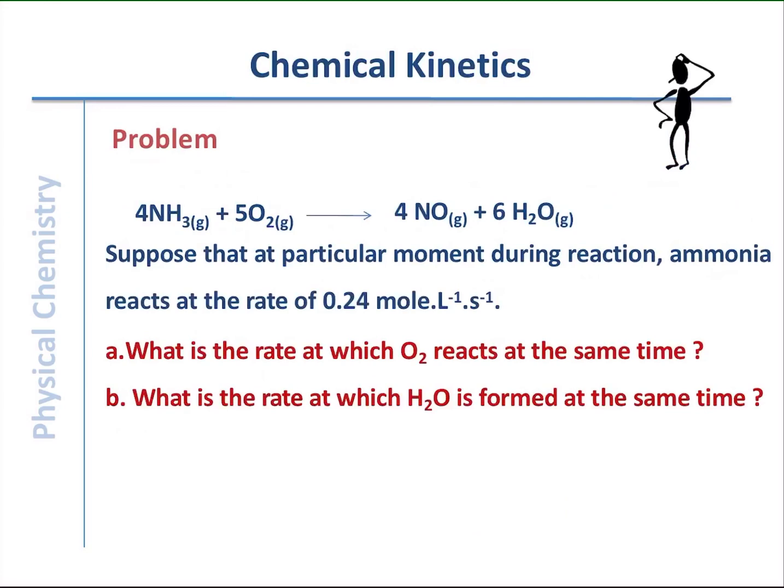What is the rate at which water is formed at the same time? If we know that at a particular moment during the reaction ammonia reacts at the rate of 0.24 mole liter minus 1 second minus 1.